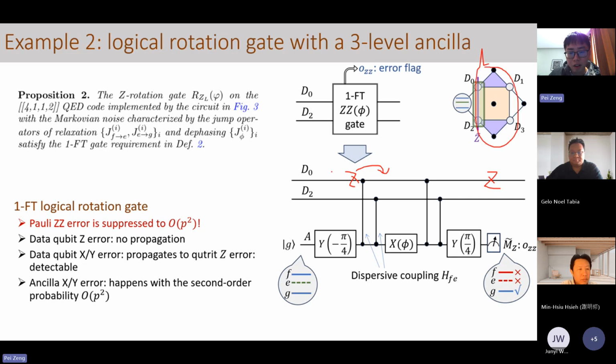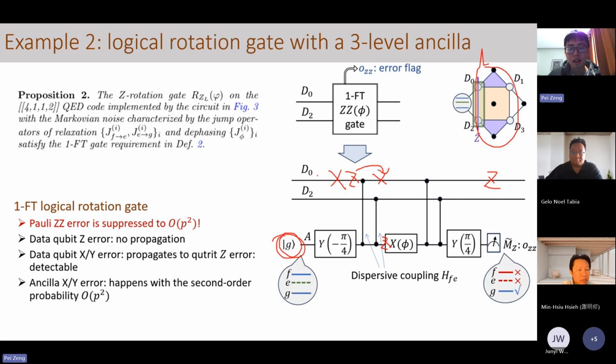Suppose you have an X error here. The X error will propagate to an XZ error, so this is a weight 2 error. And you can show that the propagated Z error can also be detected. XZ errors can also be detected by these ancillary qubits.